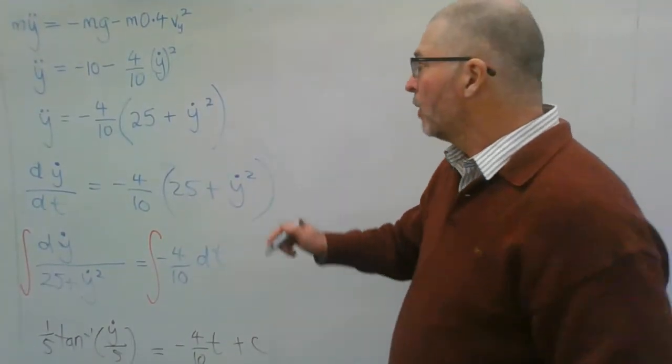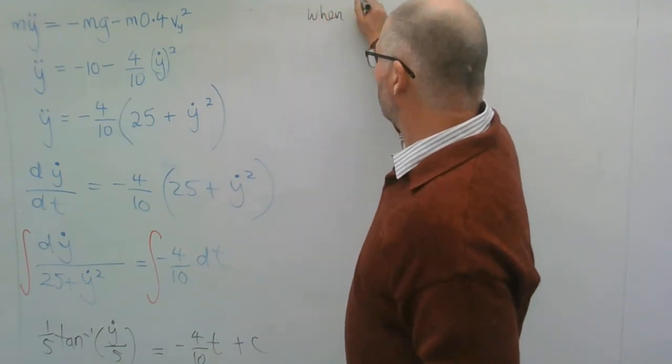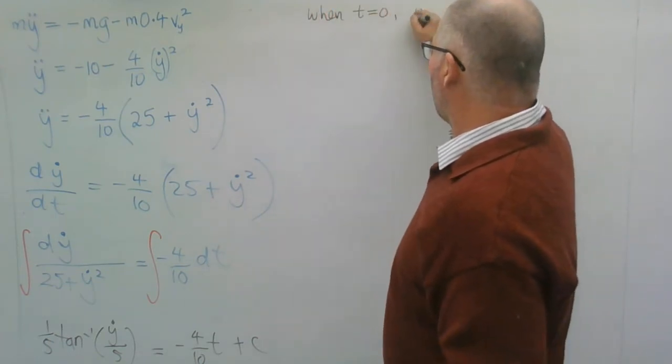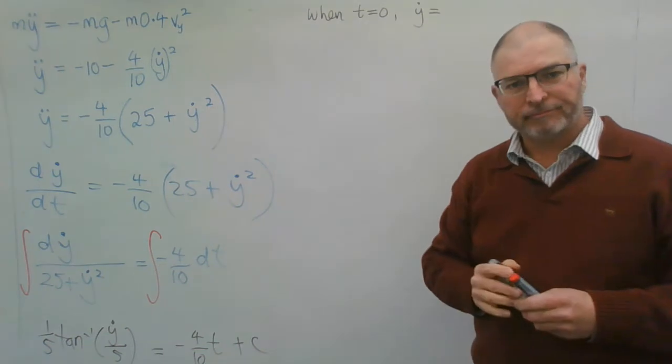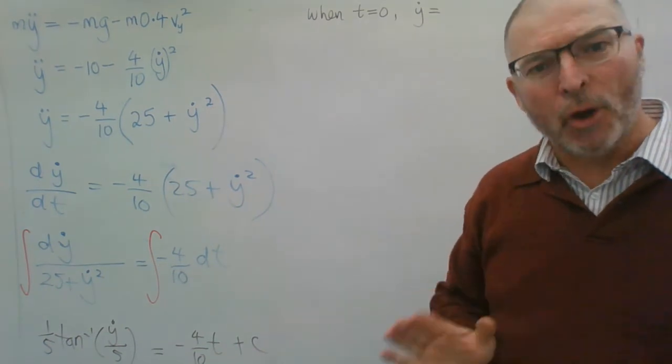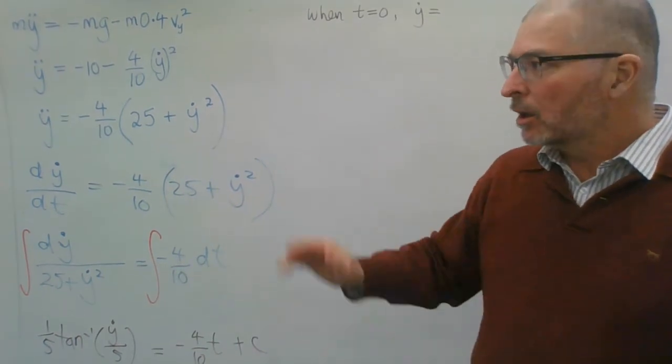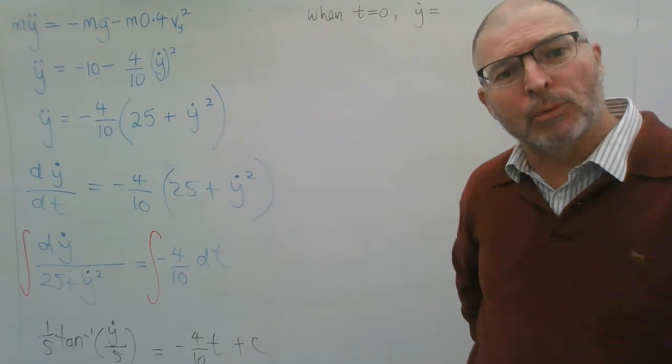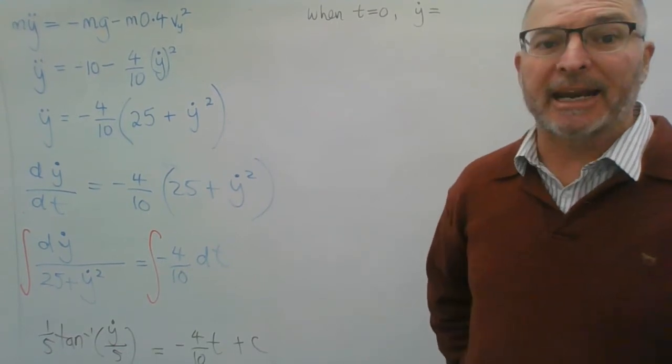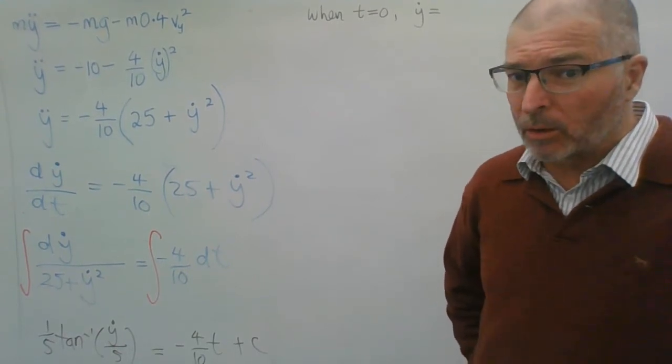And when t equals 0, y dot equals, now y dot is the vertical part of the original velocity vector, which was 10 root 3 at an angle of 60 degrees to the horizontal.